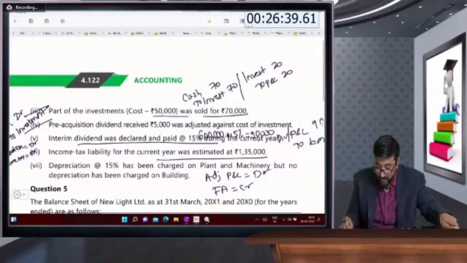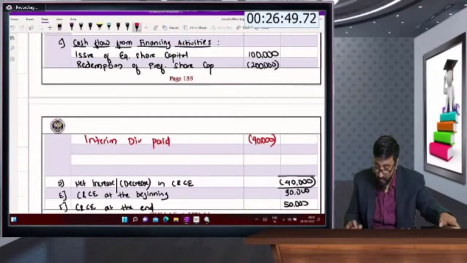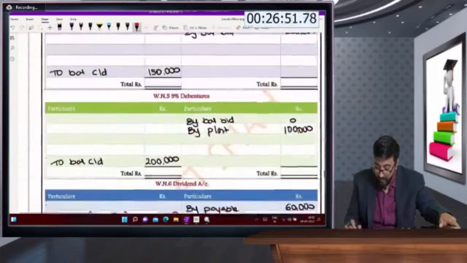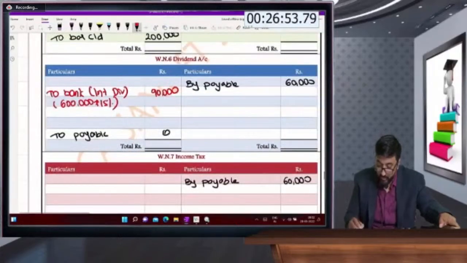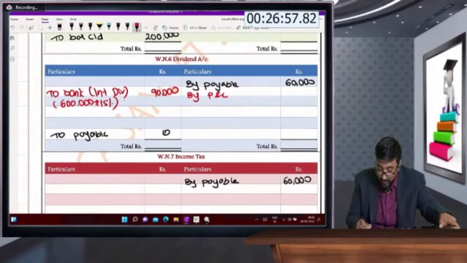To bank means interim dividend paid in financing activity. Okay, declared and paid is given, no problem. So declared is from P&L. So second adjustment, by profit and loss account. Beta, this is paid and this is accrued.